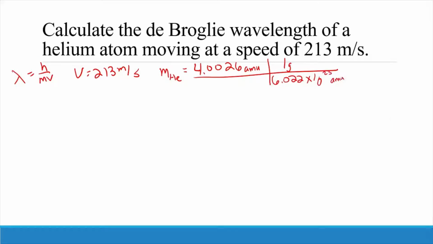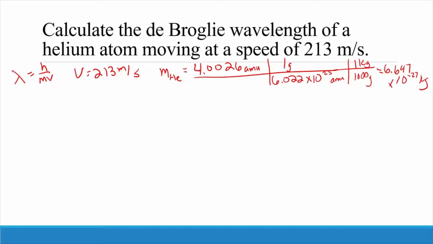Look familiar? And then we have 1 kilogram per every 1,000 grams. So this helium atom has a mass of 6.647 times 10 to the negative 27th kilograms.